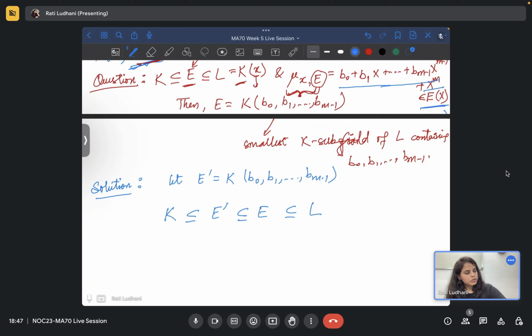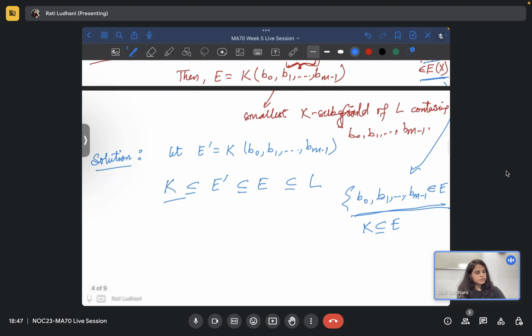This minimal polynomial itself means that these coefficients b0 to bm minus 1 belong to E, because whatever coefficients you have in this minimal polynomial are coming from E. And already you know K is a subset of E. So from these two conditions, E will contain the smallest field containing these two things.